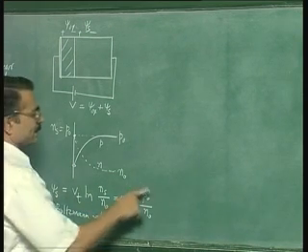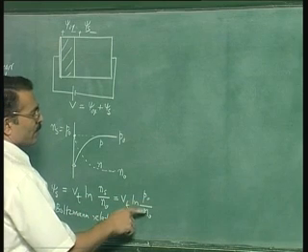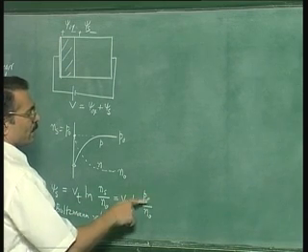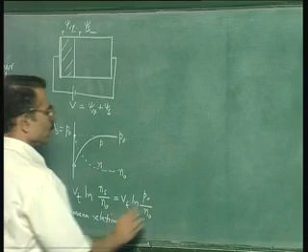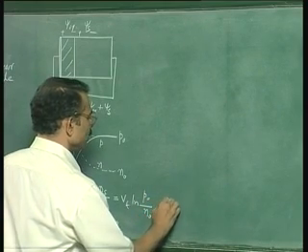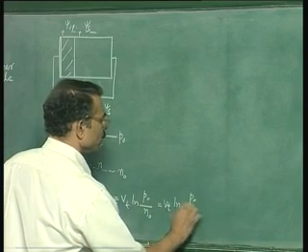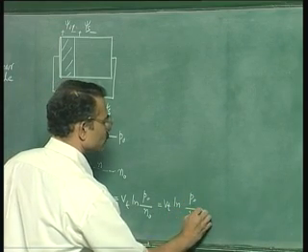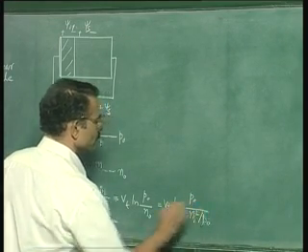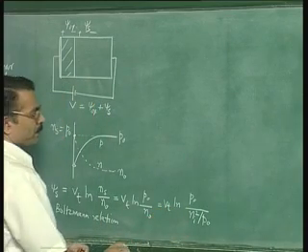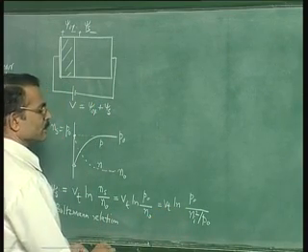Now we can simplify this equation because we know we can write N naught in terms of P naught. So this is nothing but Vt into ln of P naught by Ni square by P naught, because P naught N naught is Ni square.